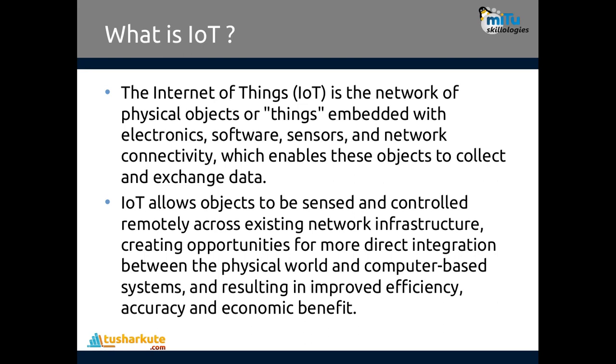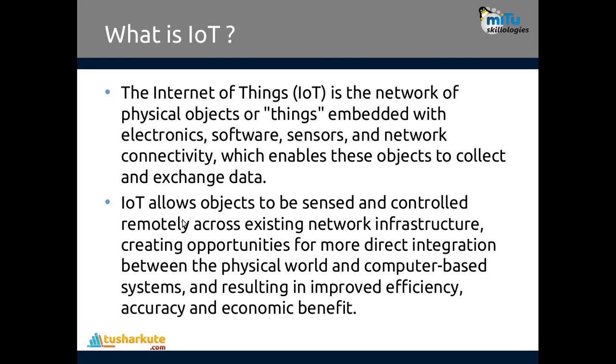And why do we connect them? Because to collect the data, we have to exchange the data, we have to create a communication network among all. So IoT is a network by which you connect every non-living and living thing together. They will communicate with each other, connect with each other, collect data from each other, and then they can control each other also. This is what IoT is.